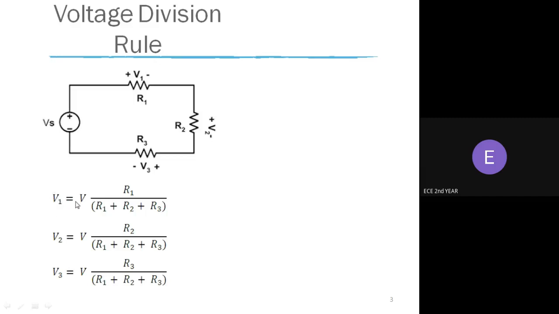V1 is equal to V, the total voltage, into the individual resistance R1 divided by R1 plus R2 plus R3, the total resistance. Similarly, V2 is equal to V into R2 divided by R1 plus R2 plus R3. V3 is equal to V into R3 divided by R1 plus R2 plus R3. So here the individual drop formulas are developed.